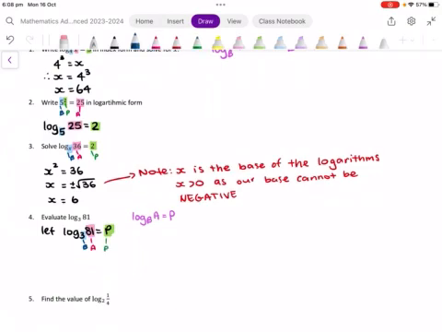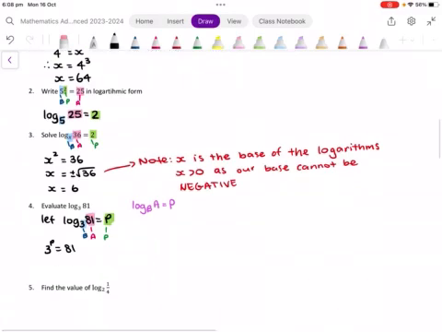And so what we have is that our base is 3, our power is p, equals 81. And now what we want to do is think 3 to the power of what equals 81. So we're going to go 3 to the power of what equals 81, and it equals 4.